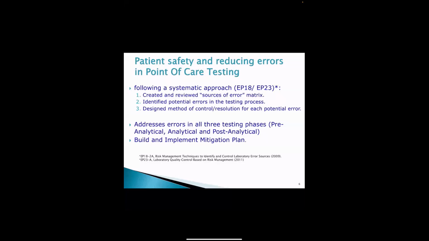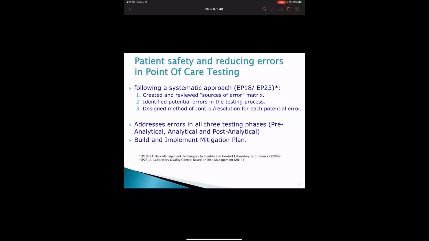It also includes designing a method of control resolution for each potential error in every phase of the test. And finally, it's important to build and implement a mitigation plan.